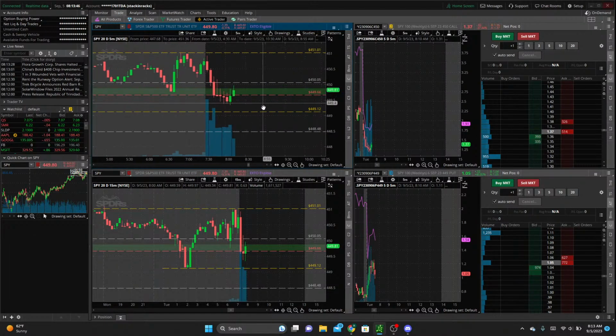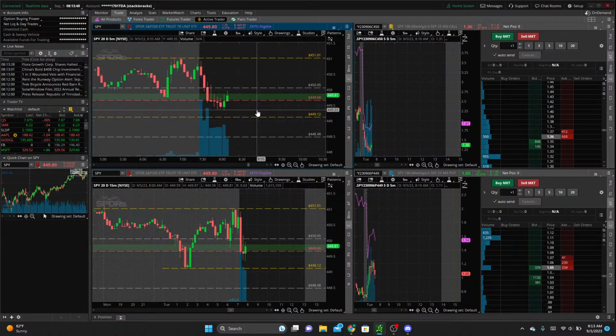We'll see if we get anything else to trade. I'm going to try to reserve myself for a good setup if we get one, but it's been pretty ugly of late.